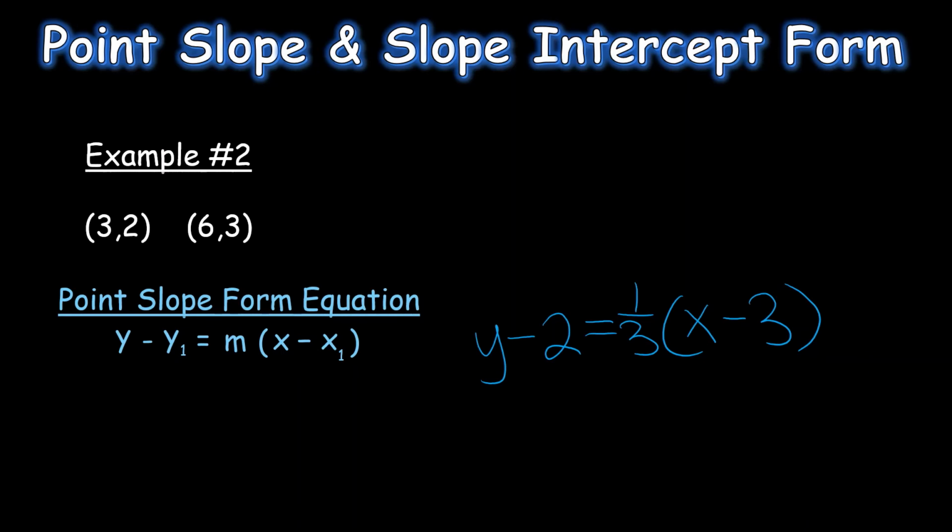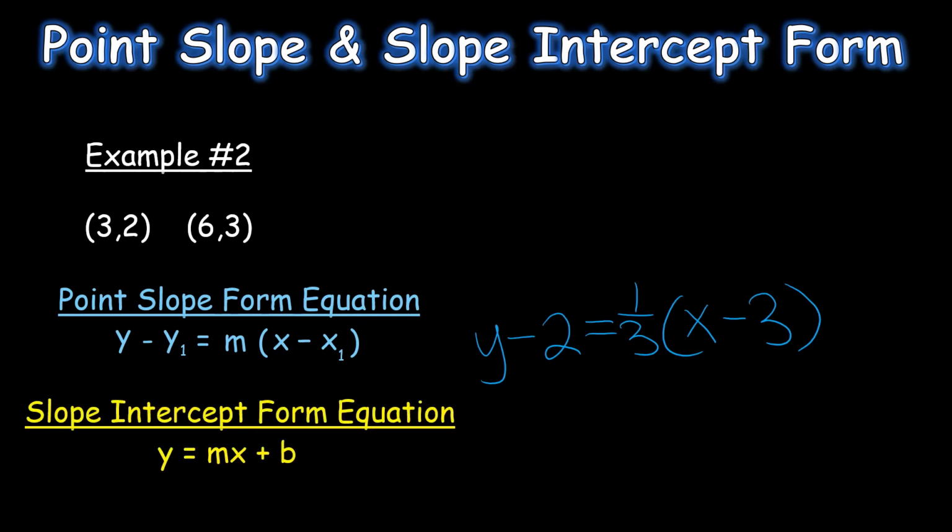So all we have to do is figure out our equation in this format, y equals mx plus b. And we can do that by simplifying this equation here in blue. So we have y minus 2 equals, and then we multiply 1 over 3 by x and by negative 3.